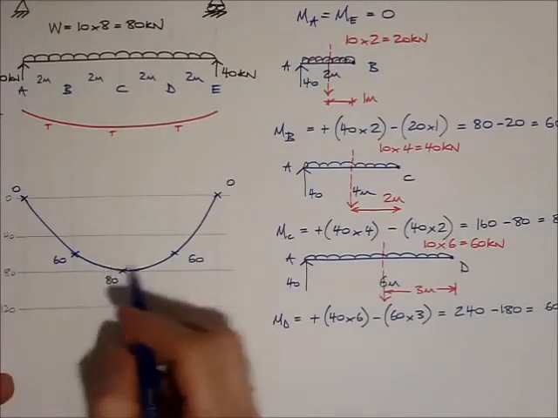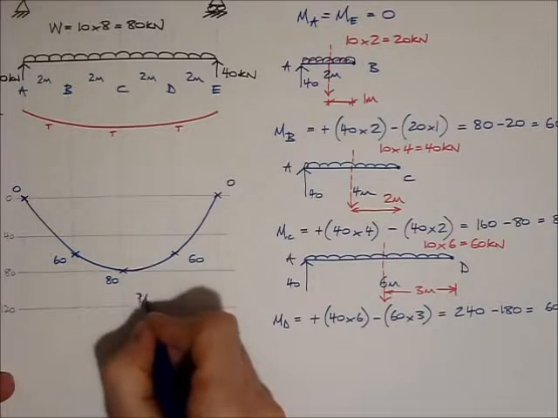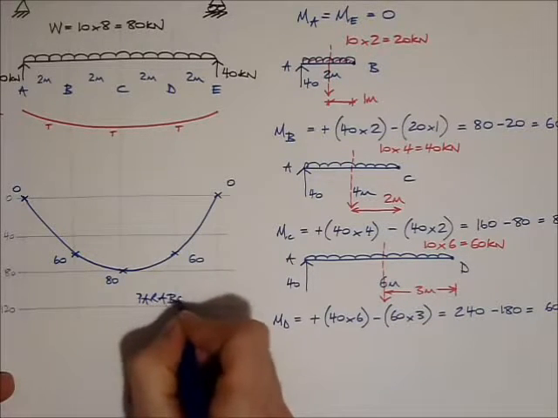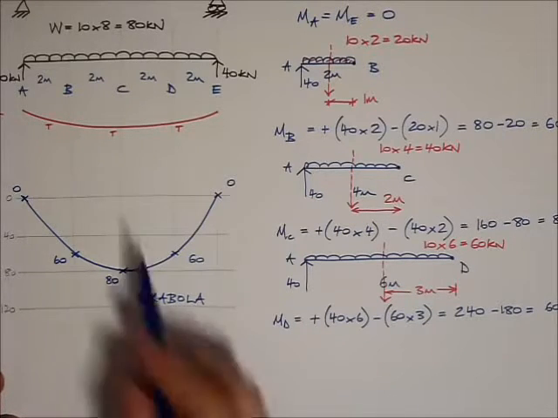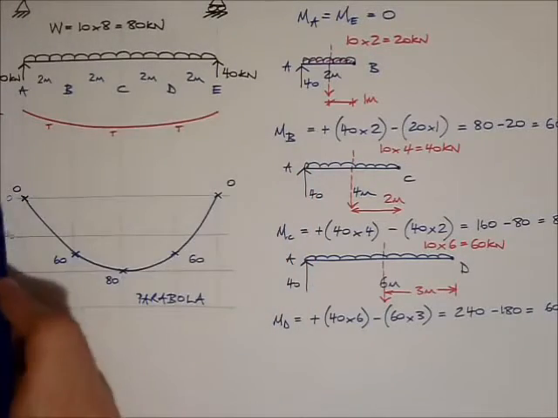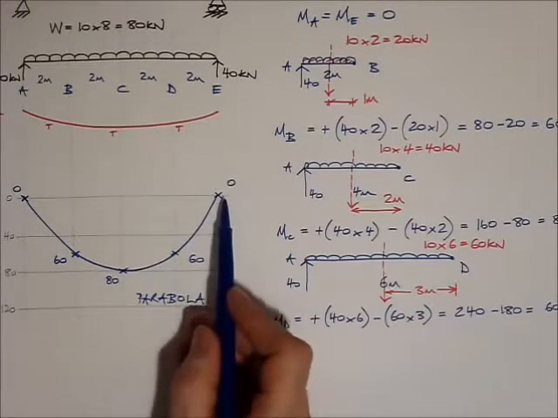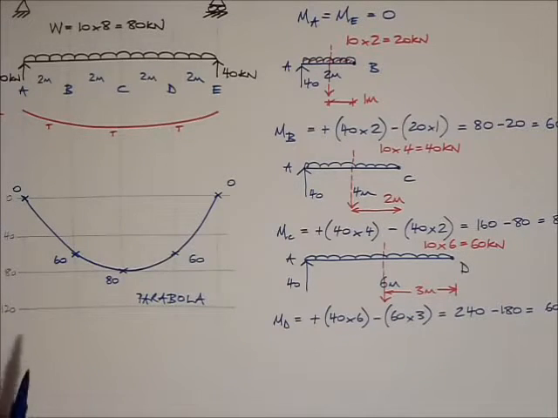And that curve, as it's a UDL on a simply supported beam, is actually a parabola. So whenever you have a UDL on a simply supported single span beam, you end up with a parabolic bending moment diagram, and it's drawn on the bottom because that's the tension face of the beam.